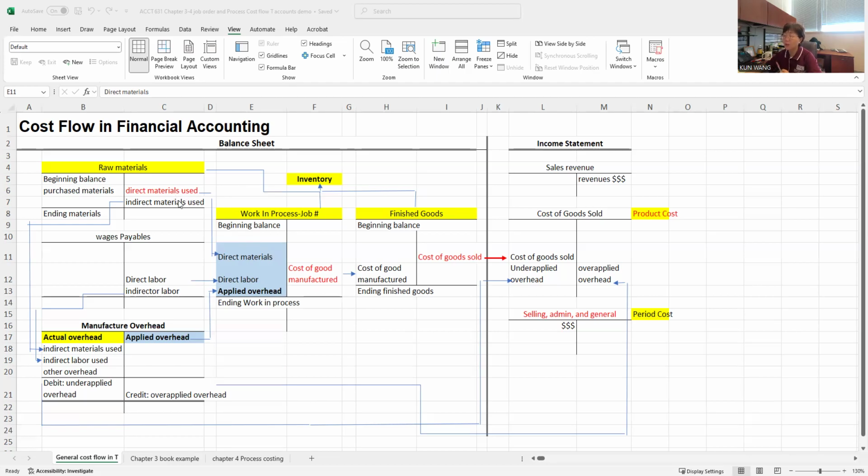I don't require you to fully understand the journal entries like debit materials, credit accounts payable, but if you just check briefly, that really helps us understand the flow of the cost and also this mingling of the financial accounting and the managerial accounting system.